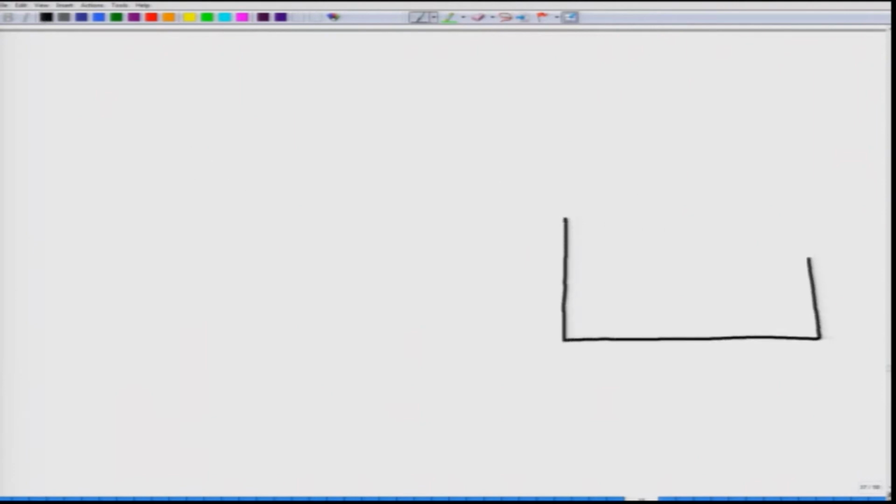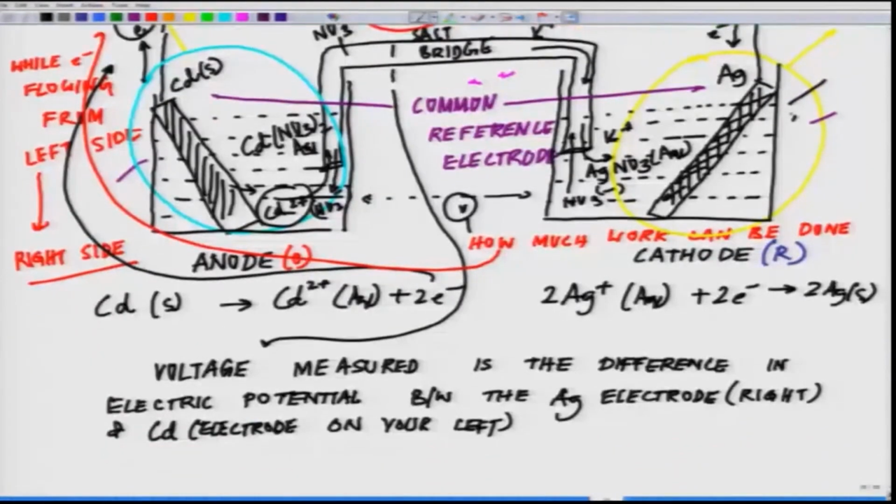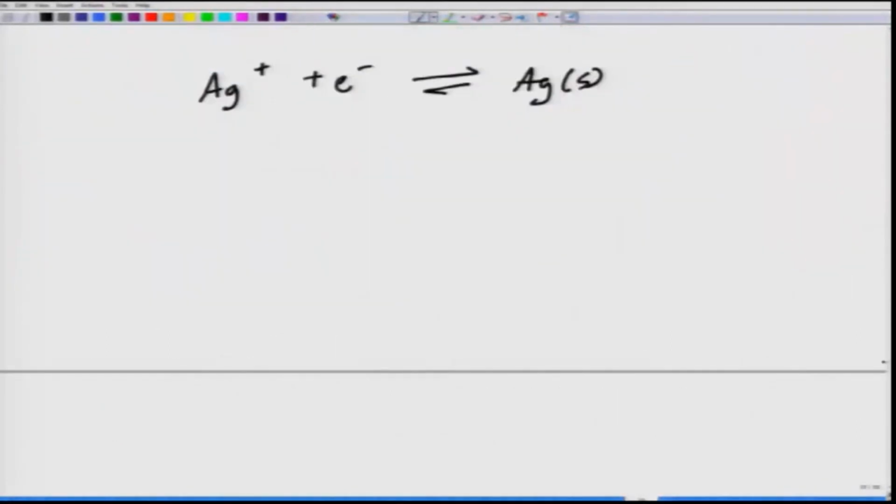By the way, we are first dealing with the silver half cell. The half reaction of interest at this point is silver plus electron gives solid silver. So, essentially we are dealing with this half reaction first.